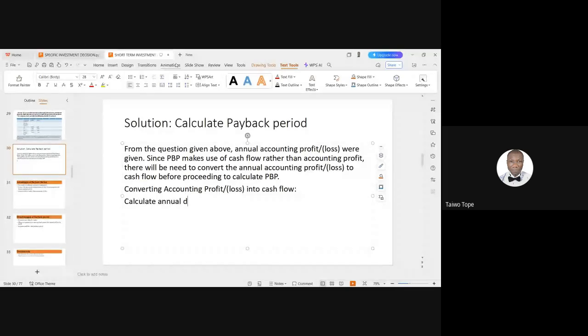And to calculate your depreciation is what? Depreciation is equal to initial outlay minus scrap value, divided by number of years. This is using straight line method, right?